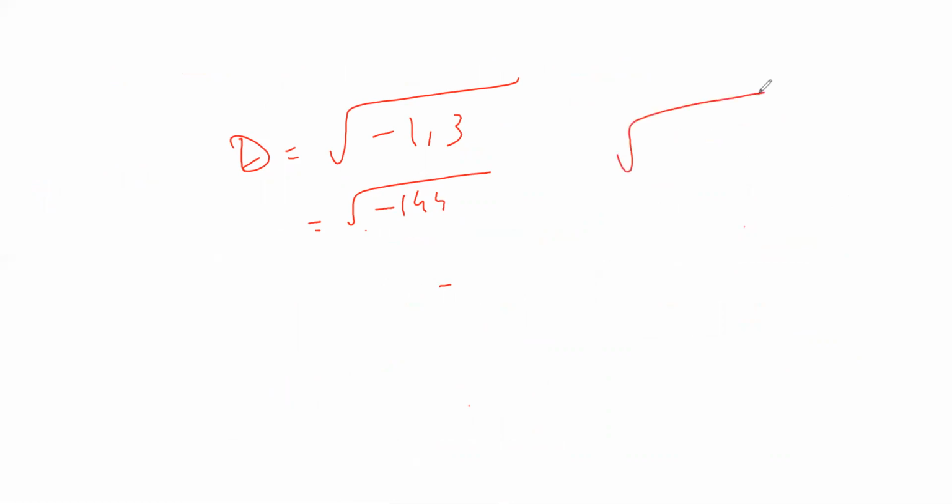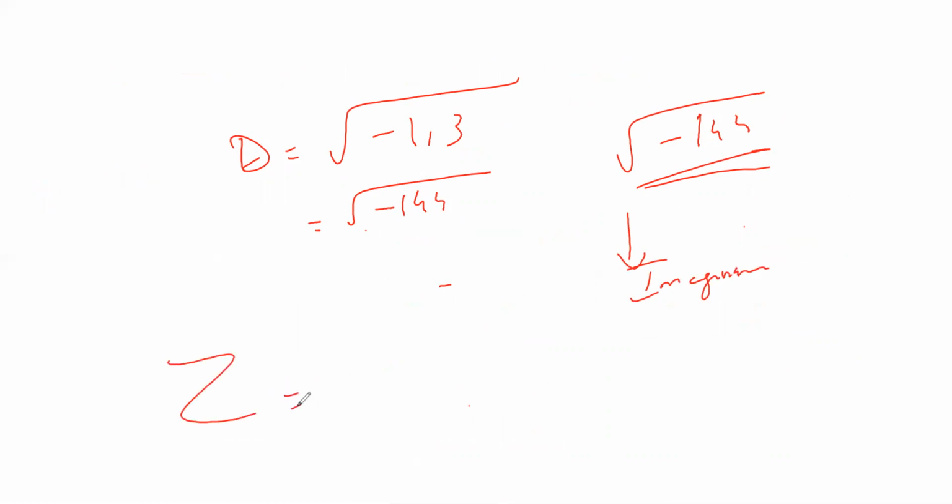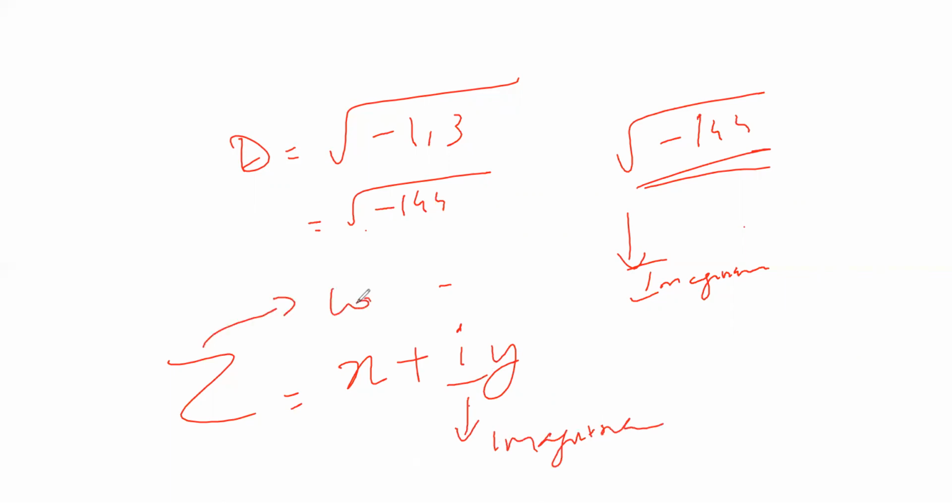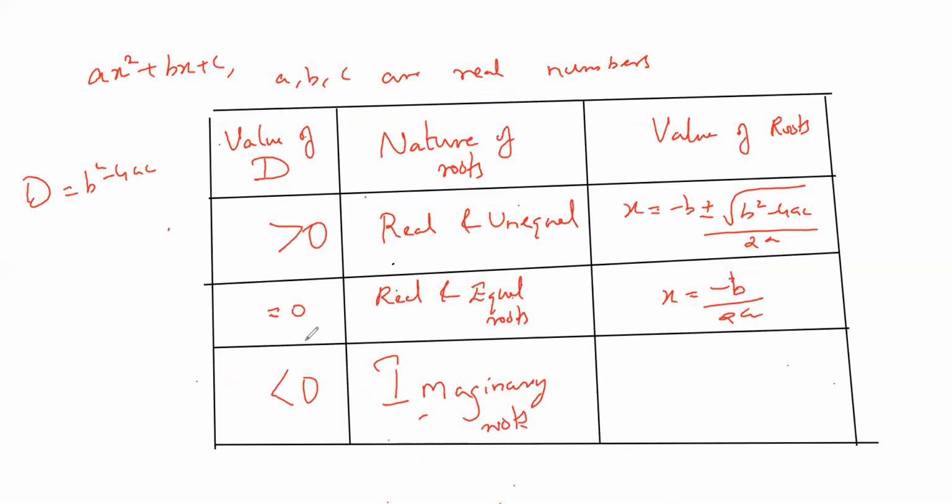So if something comes negative inside the root, those things are called imaginary. These numbers are called complex numbers. Z is equal to x plus iy, where i is called imaginary, and Z is called a complex number. Okay, this is not required for you as of now. So please copy down this table. That is just extra effort I told you.